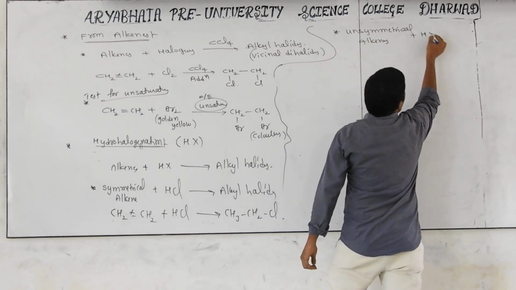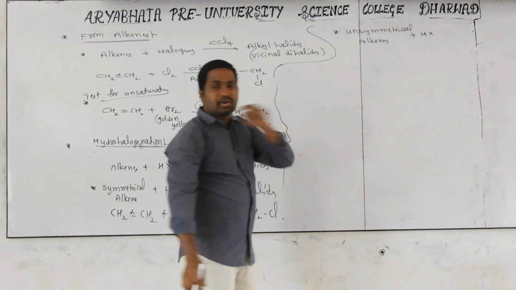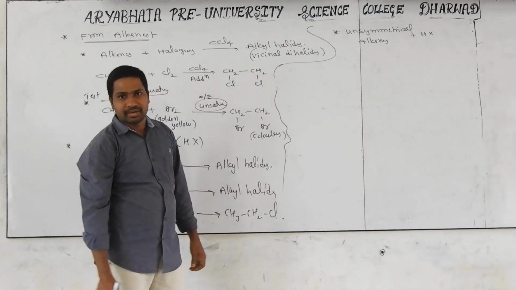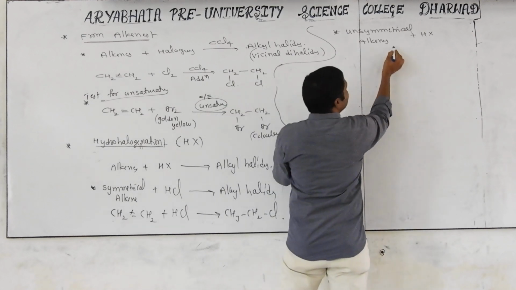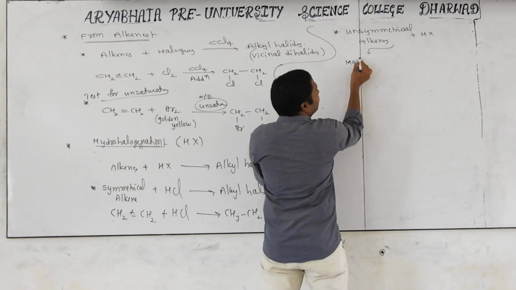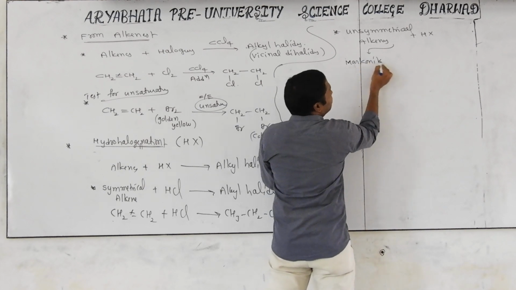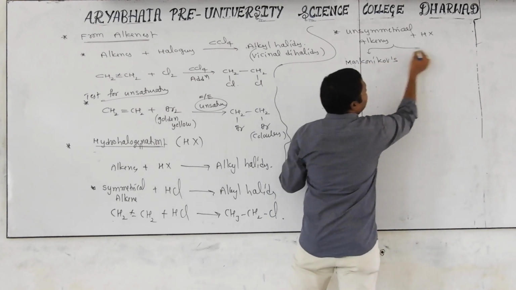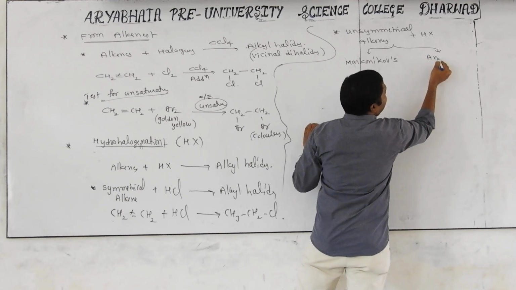In the reaction of unsymmetrical alkenes with hydrogen halide, we have to follow two rules. One is Markovnikov's rule, another one is anti-Markovnikov's rule.